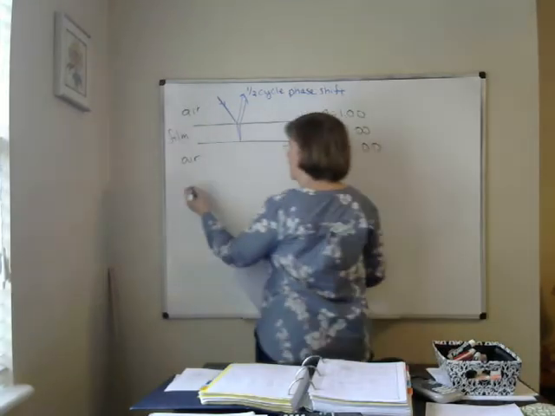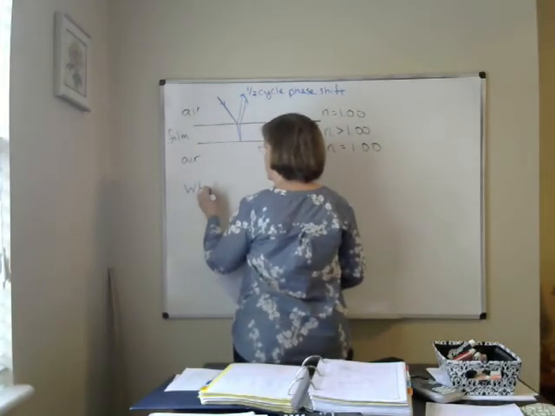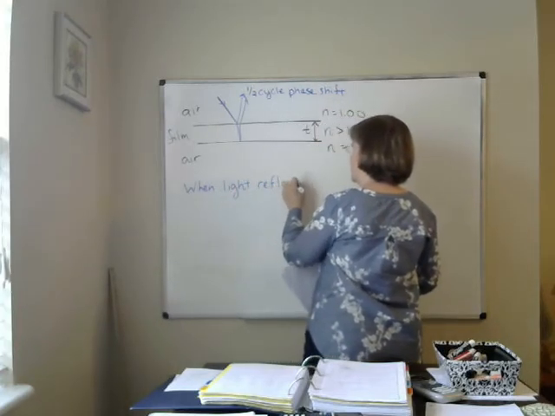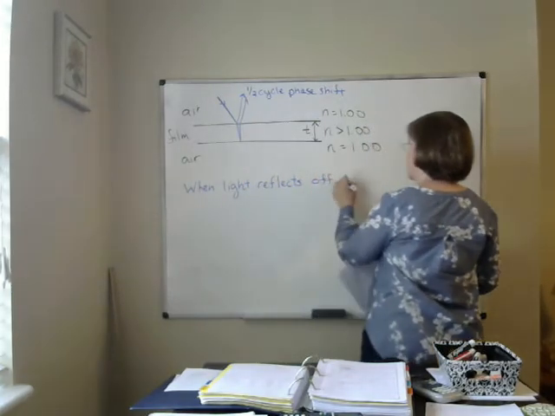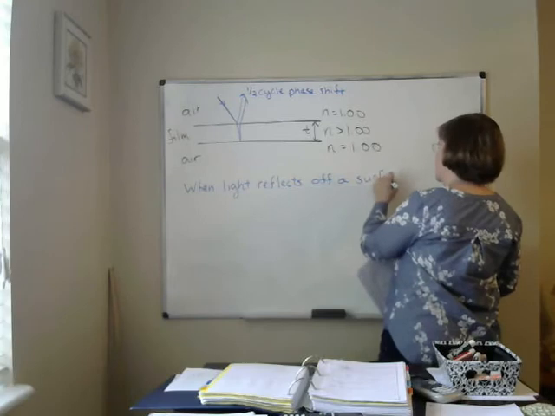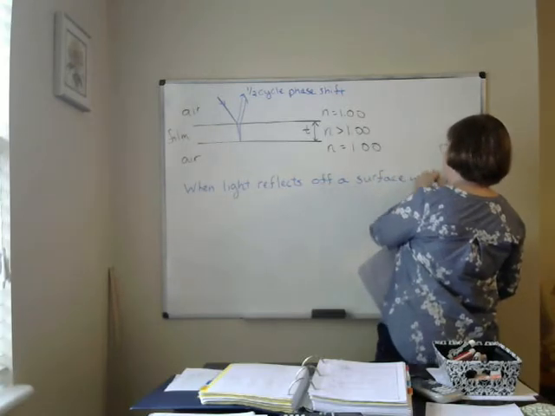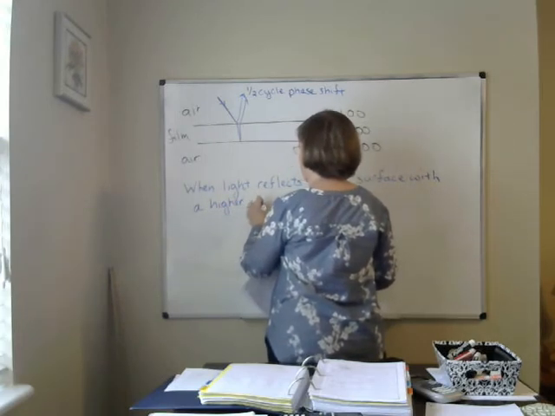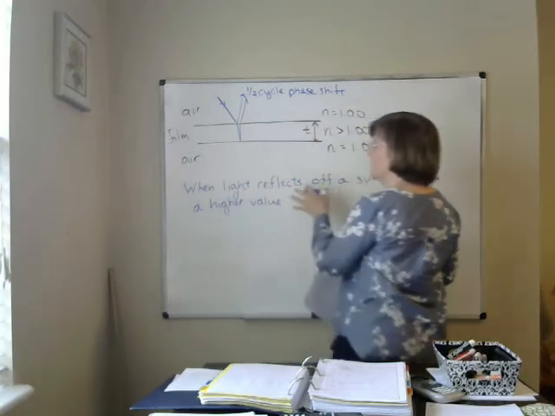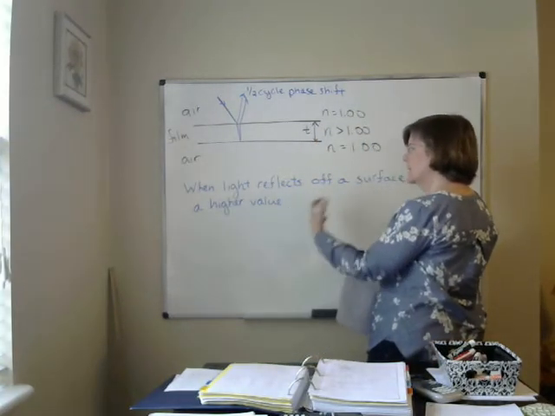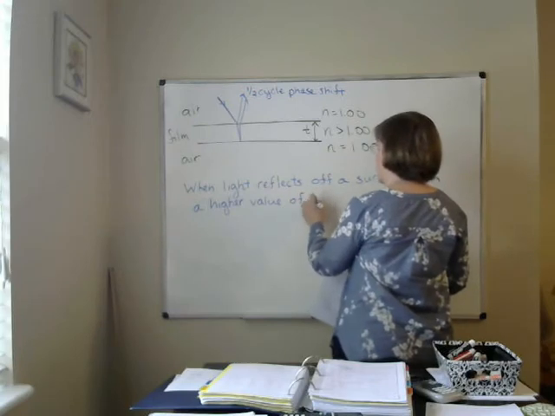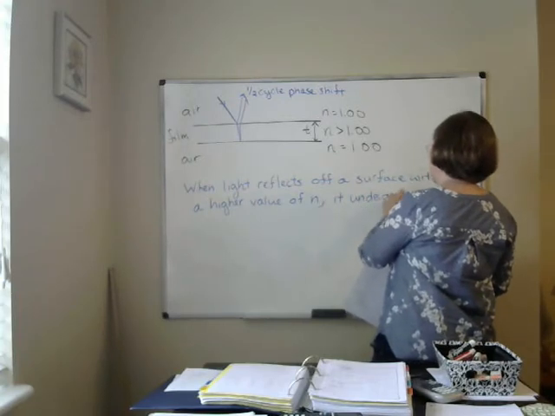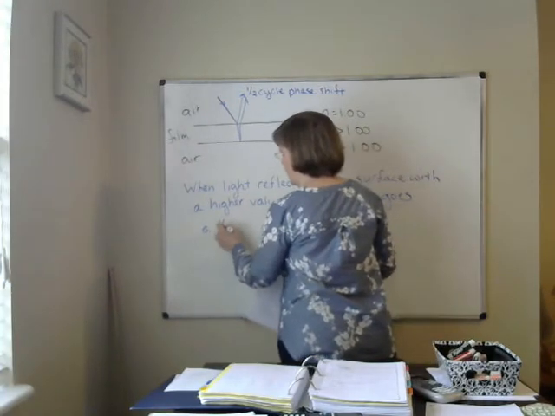So when light reflects off a surface with a higher value of n, so it's in some medium with a lower value, and then it hits a higher value of n, it undergoes a 1/2 cycle phase shift.